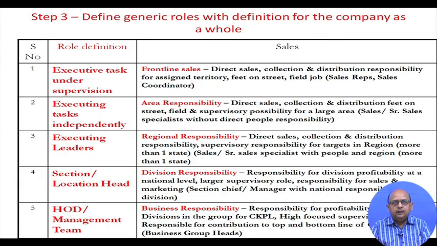These are the generic roles: executive, task under supervision. If you look at this example, it is related to identifying generic competencies related to a particular role in the same organization.